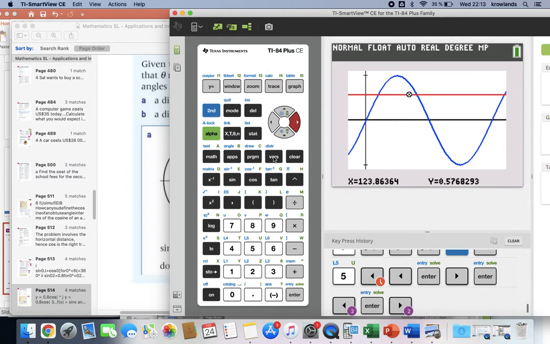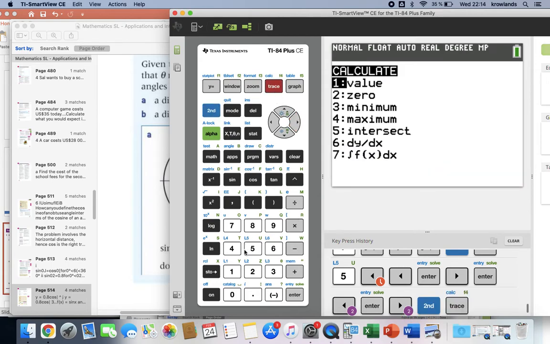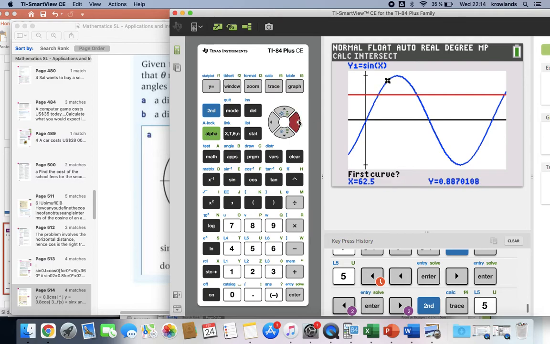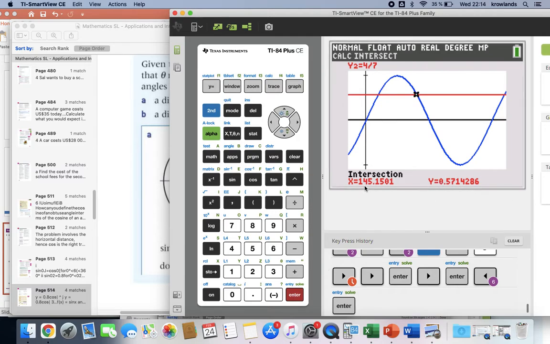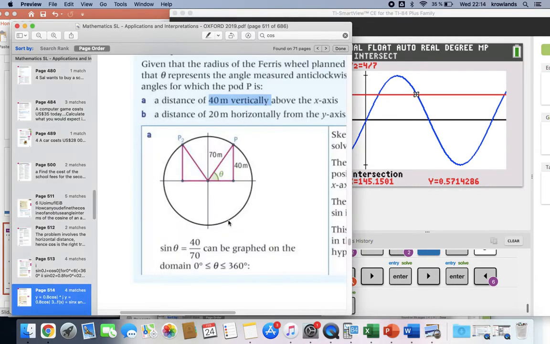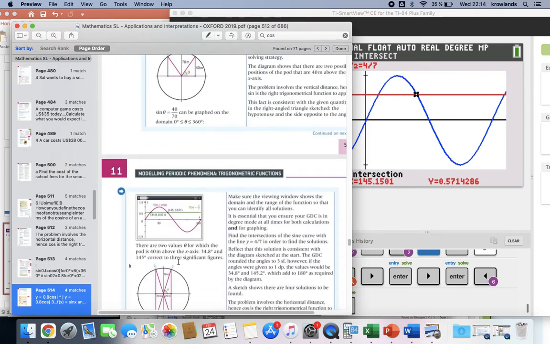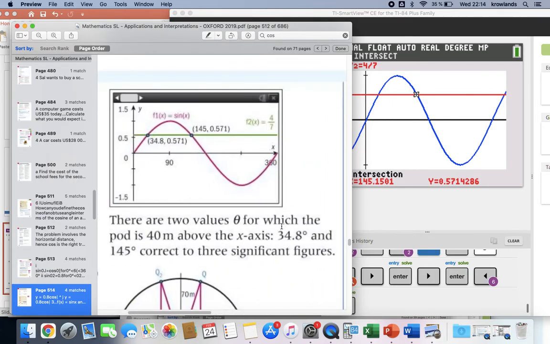So we need to press the same process again, second calc, intersection number 5, first curve, which is the blue curve, second curve, which is the red curve, and then where they intersect. Here we go. 0.571 and the angle's 145. So we get two separate answers. Our separate answers are going to be 34.8 and 145 degrees.